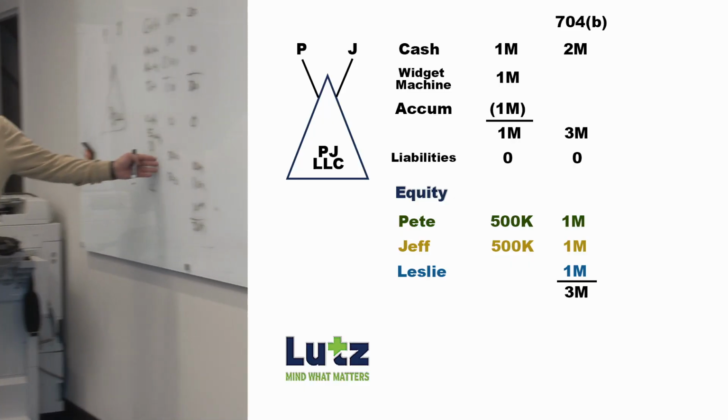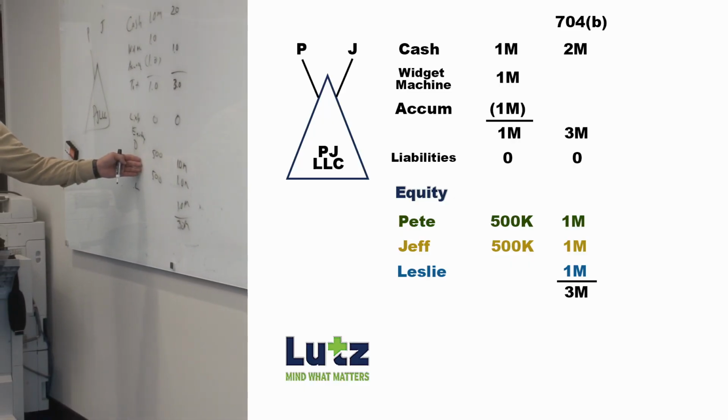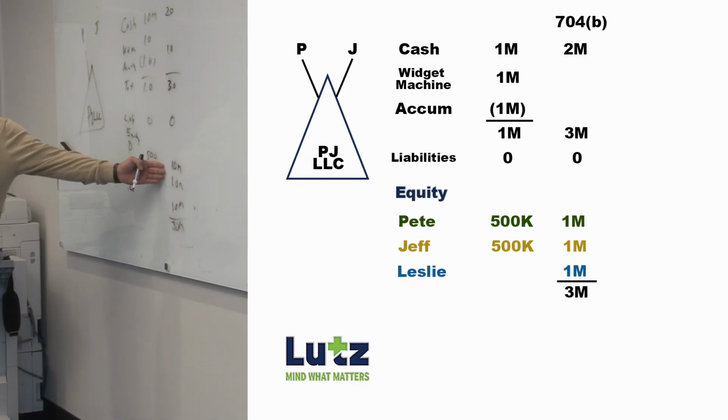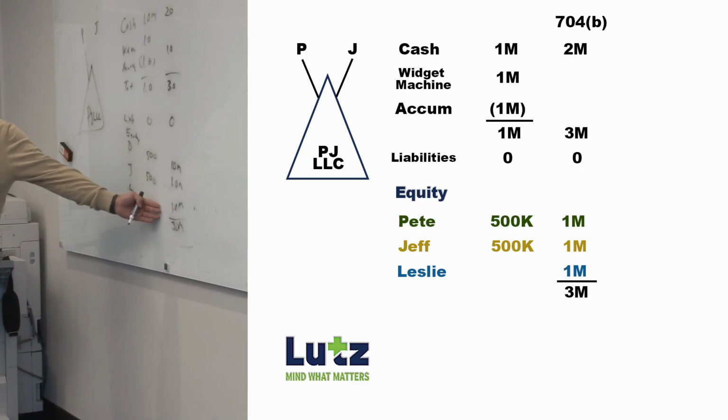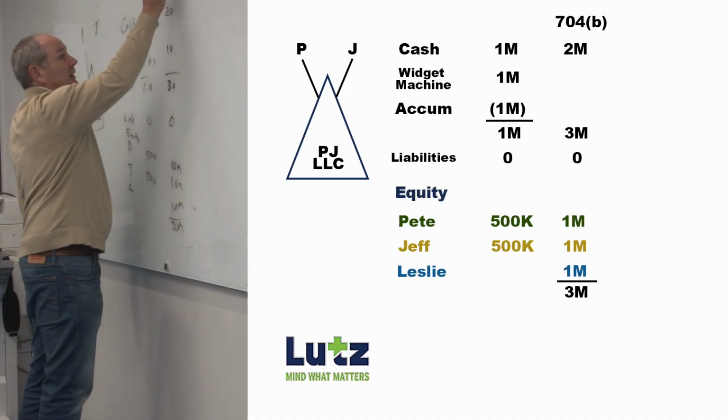By virtue of us having new partner enter into the partnership, we have a revaluation event to say our equity section was $1 million. It's being revalued to $2 million with the addition of Leslie coming in for her $1 million, now $3 million. And now my 704, this is my 704B, correct?